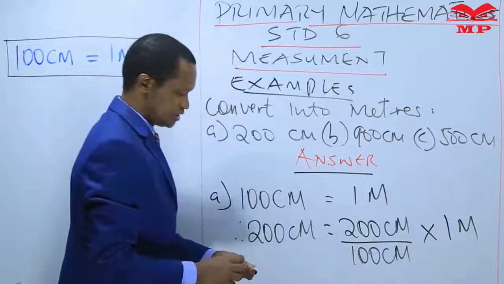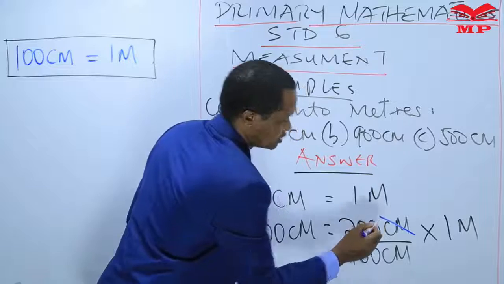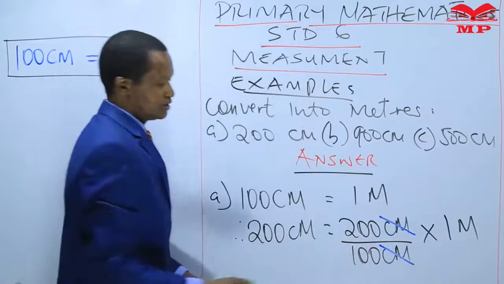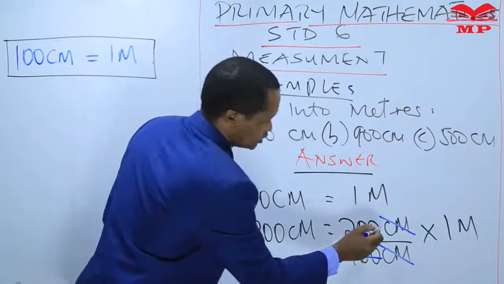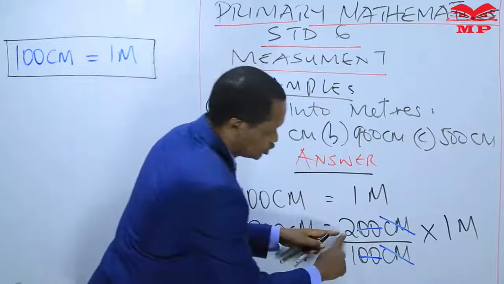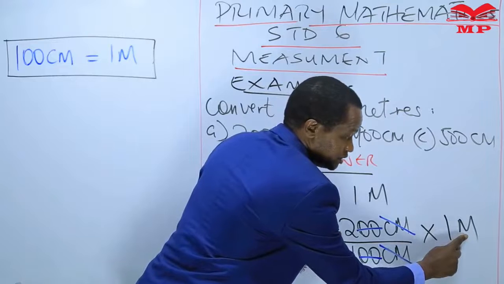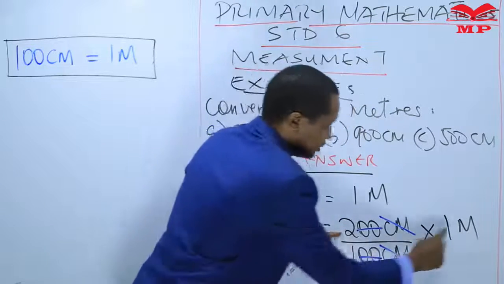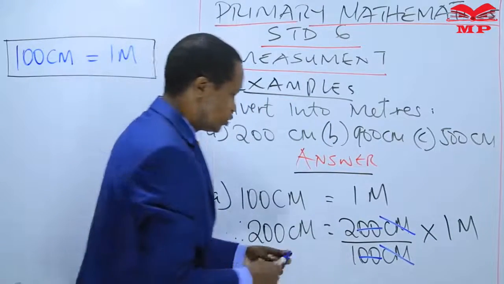You can see here, pupil, these centimeters will cancel out with these centimeters. These 2 zeros will cancel out with these 2 zeros. So we remain with 2 times 1 meter, which is 2 meters over 1, equal to 2 meters.